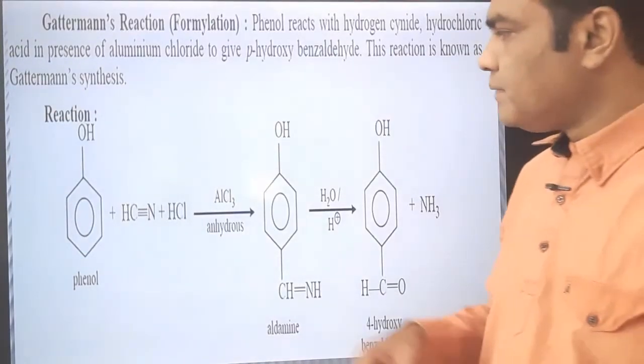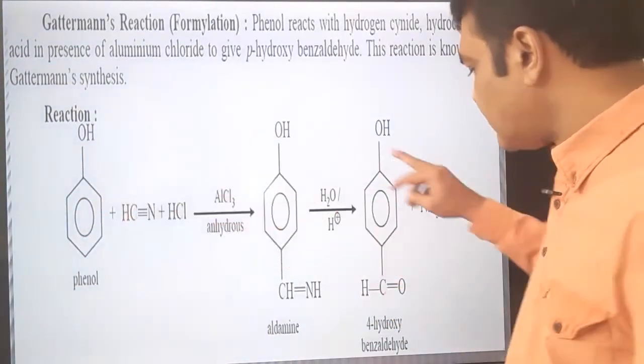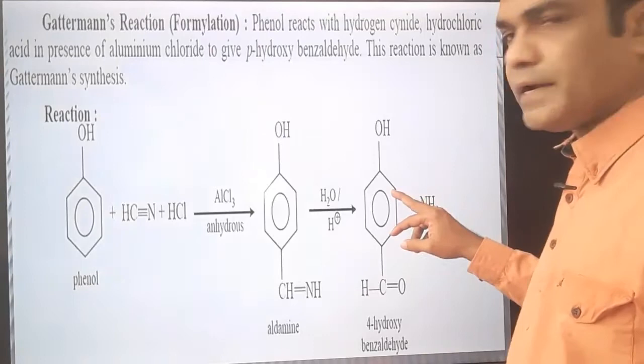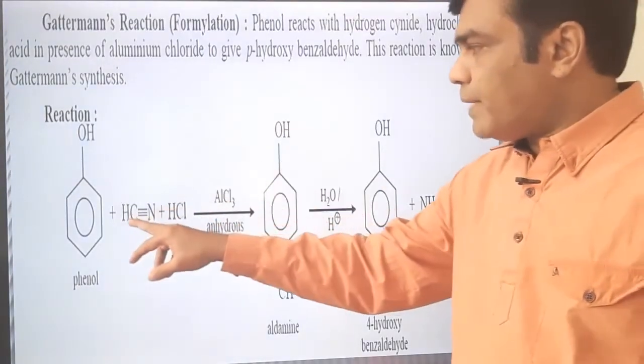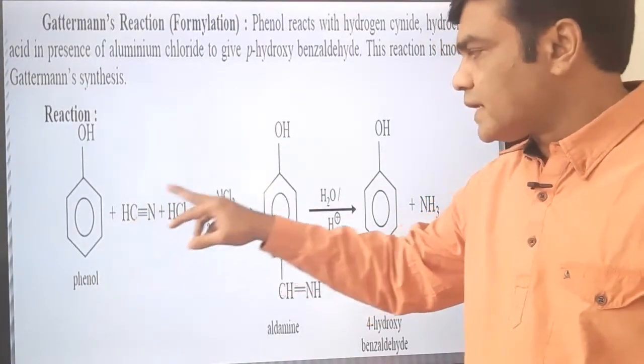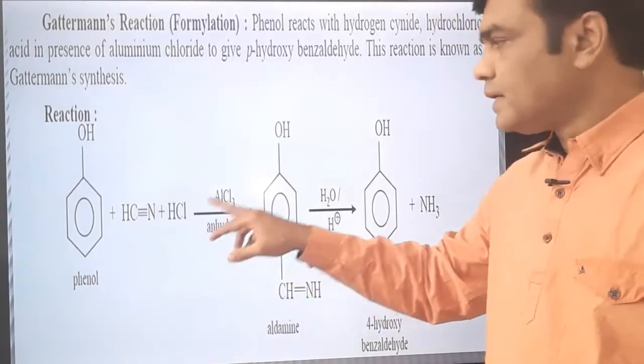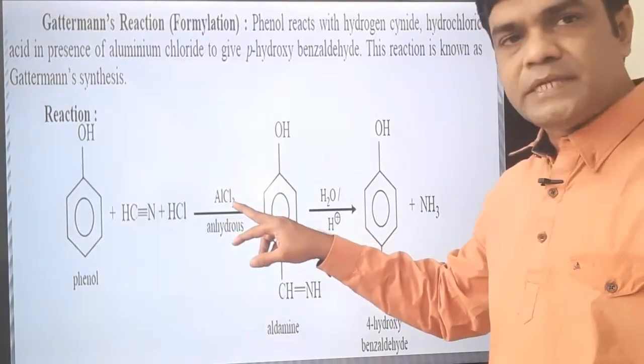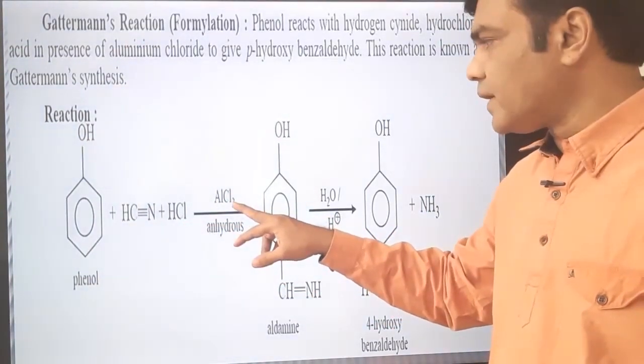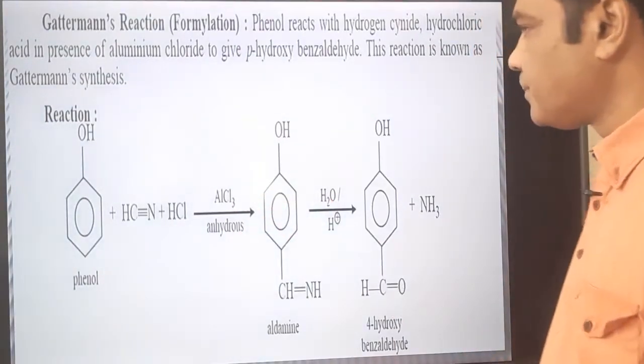See here, phenol is converted into 4-hydroxybenzaldehyde by treatment with hydrogen cyanide and hydrochloric acid in presence of Lewis acid catalyst, that is anhydrous aluminum trichloride.